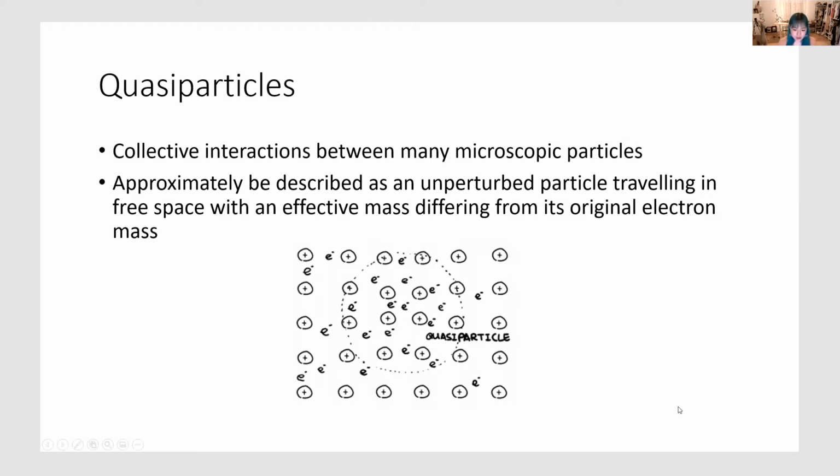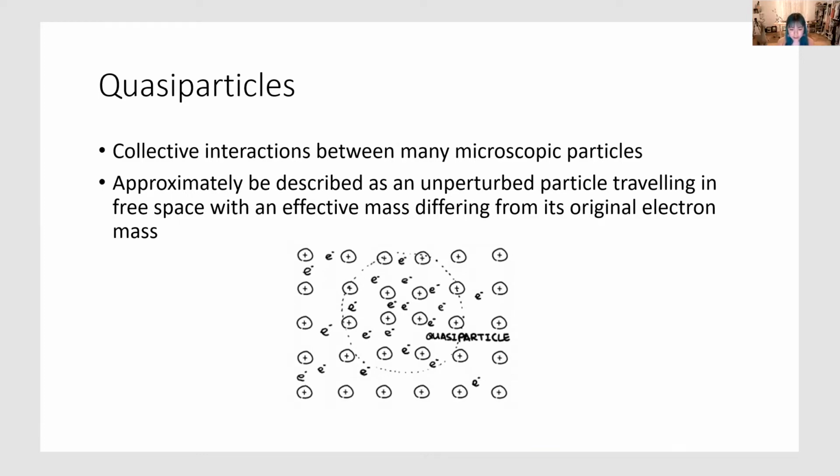And here's the quasi-particle idea. You can't individually consider each atom or electron anymore, because you have all these obstacles for electrons to avoid, and there are positive charges which would attract electrons, and the electrons themselves will also repel each other.